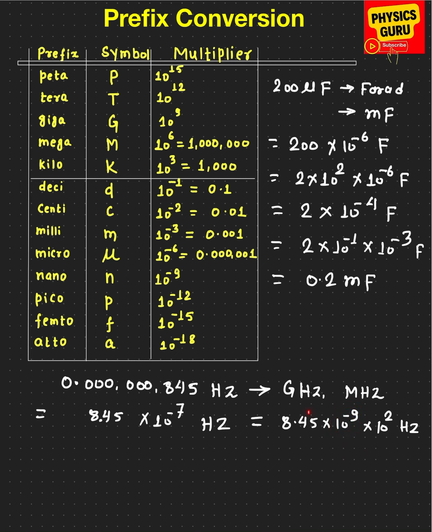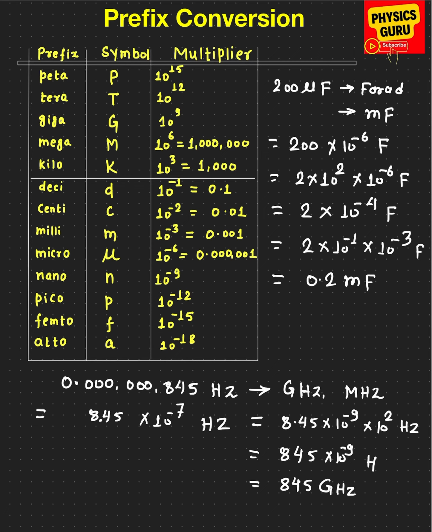Okay. So I have to do this math here. 8.45 times 10 to the 2. So 8.45, if I multiply these two numbers together, 10 to the 2 means I have to move the decimal 2 places this way. So that would give me 845 times 10 to the negative 9 hertz, which is in fact 845 gigahertz. Okay. So I converted the hertz into gigahertz.